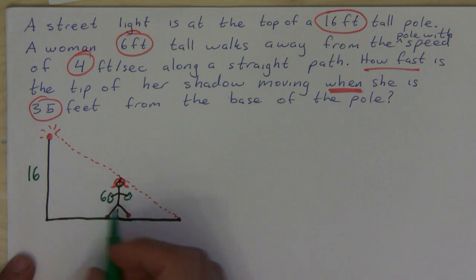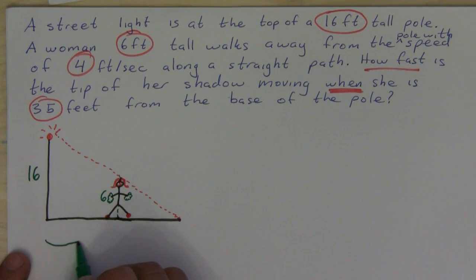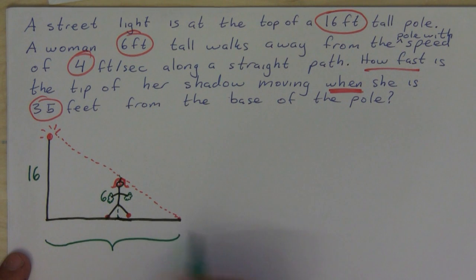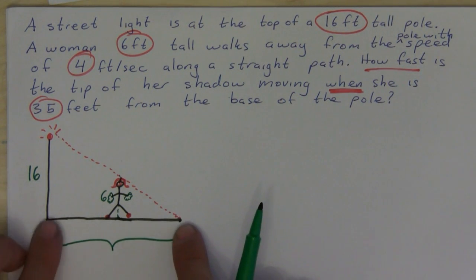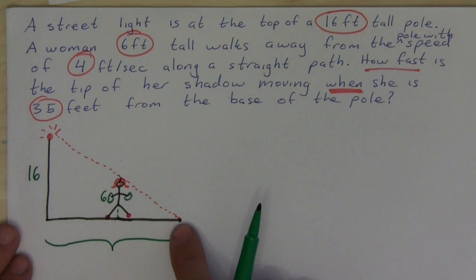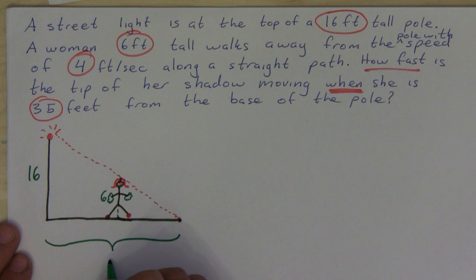Okay, so what we want to do is finish labeling. Now since what we're looking for is how fast the tip of the shadow is moving, we're basically looking for how fast this distance is changing. Why don't we label this x.